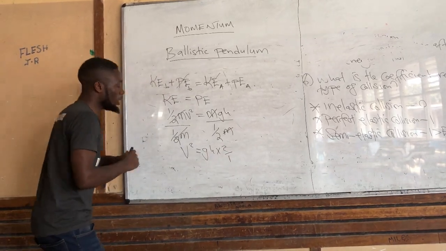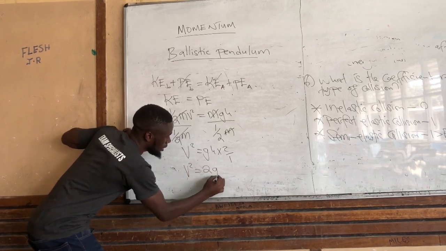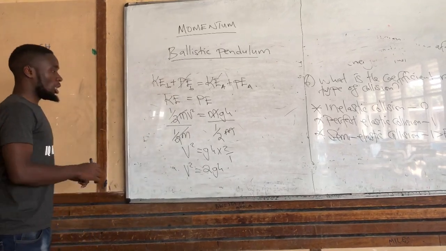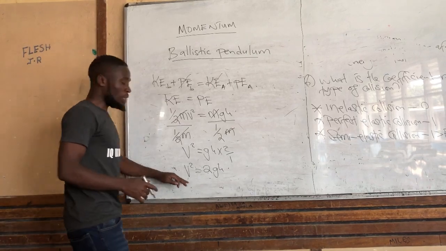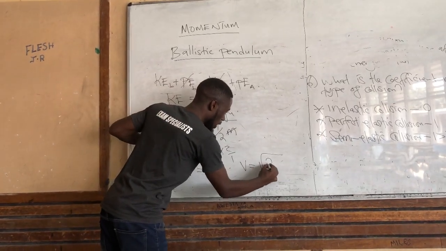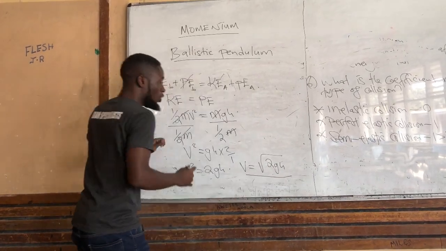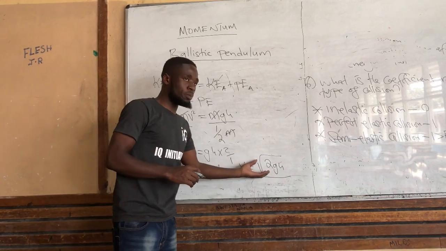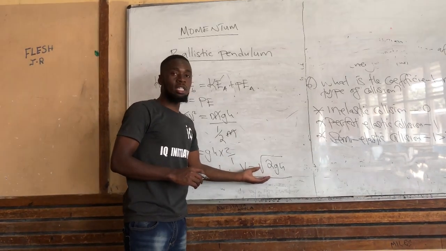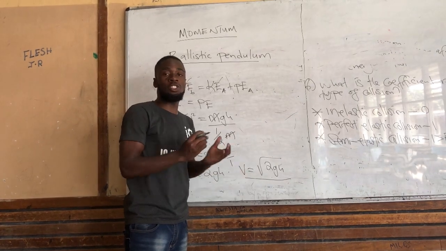Then from A to B, v squared equals 2gh. Our main goal is to remain with v, so we square root both sides: v equals the square root of 2gh. So this is the equation that we use to find the common velocity, the final velocity if they stick together.